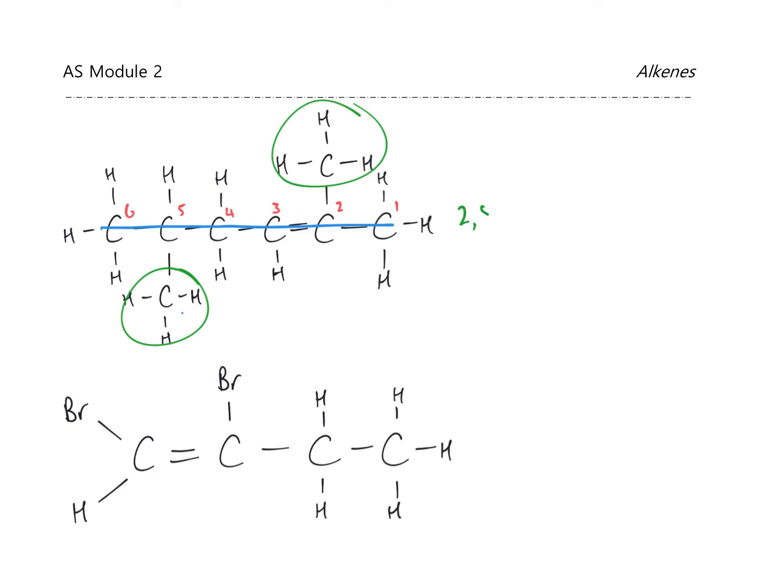So it's going to be 2,5-dimethyl. So remember, if more than one of the same substituent appear, we use the prefix di, dimethyl. Okay, and then our longest chain has 6 carbons, so it's hex. Double bond between 2 and 3, so it's 2-ene. So 2,5-dimethylhex-2-ene.